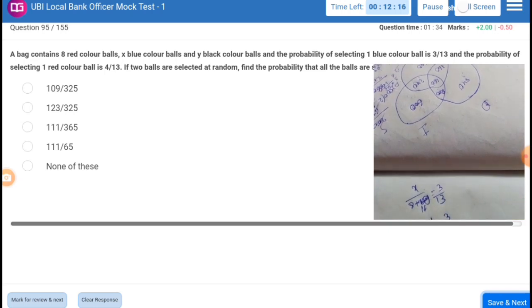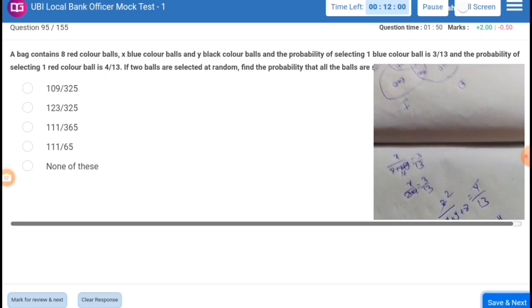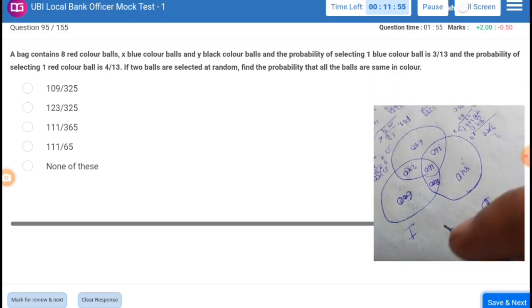Red color is 8 by x plus y plus 8, 4 by 13. So x plus 26 is 3 by 13. So x equal to 6. x is 6 and y equal to 12.